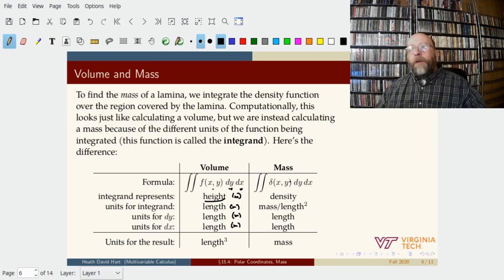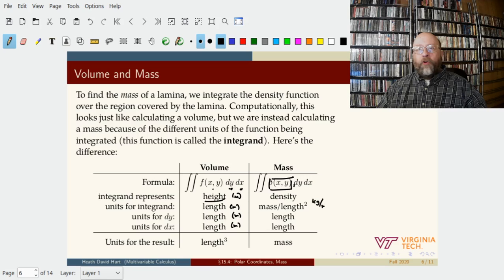But if I change the units of the function that I'm integrating to units of density, that's mass, like kilograms per square meter, and then multiply that by something in meters in dy, and then something in meters for dx, then I get kilograms per meter squared times meters, and I end up with kilograms, and I get mass.